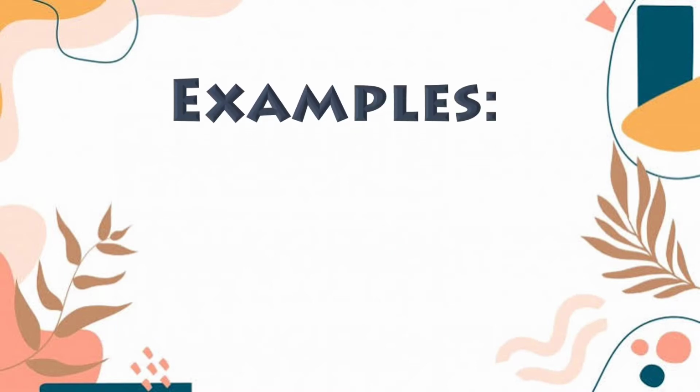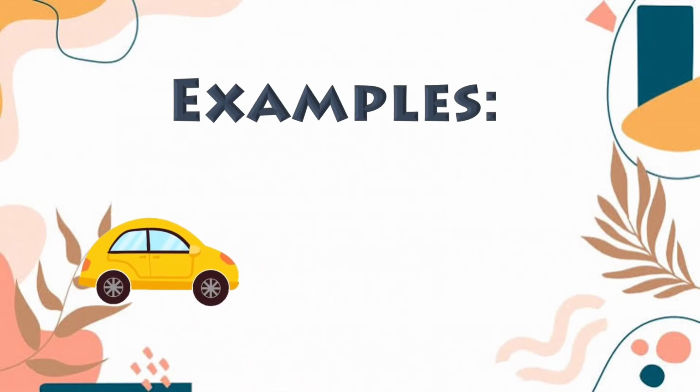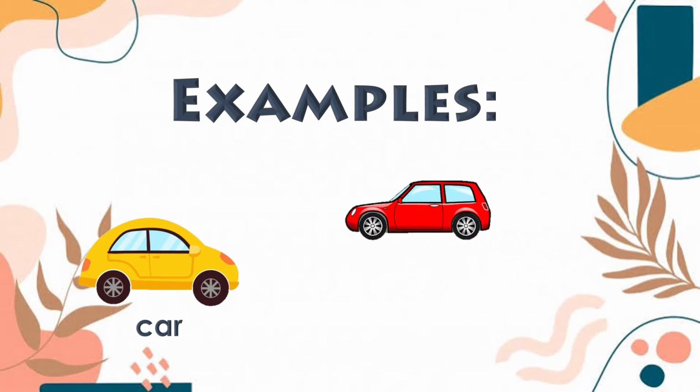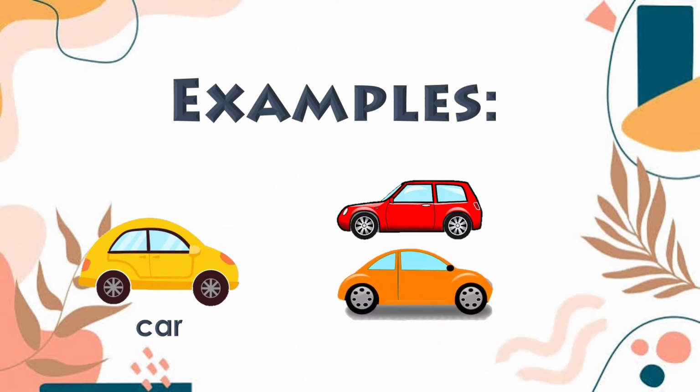We have another example. So here in singular, we only have one car. And in plural, we have 1, 2, and 3, meaning to say we have more than one car. Therefore, we have to add s to its name to make it plural.